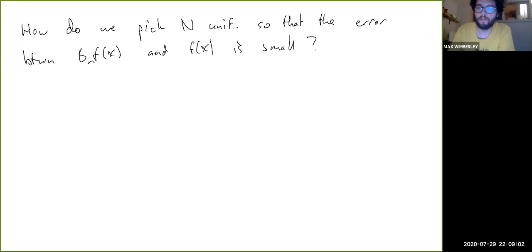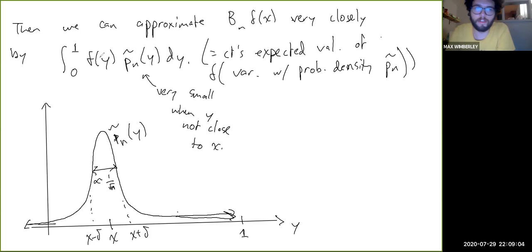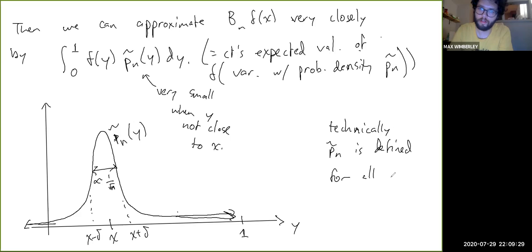Okay, so first of all, I'm glossing over a few things. I was kind of lying a little bit when I said this is the expected value, because technically Pn tilde is defined for all y in R. So technically this curve extends all the way out.